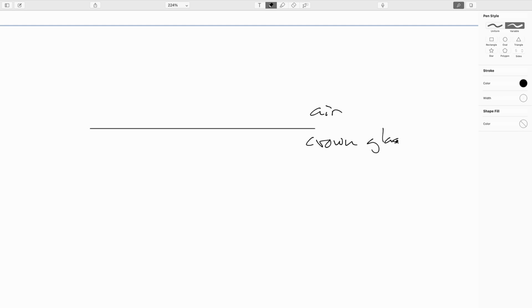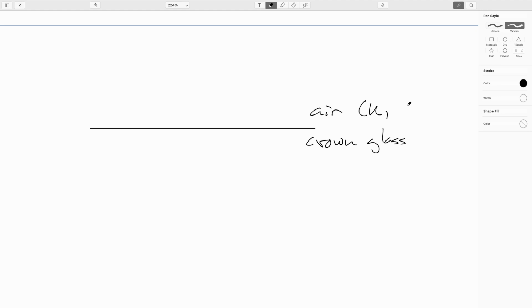Now, it turns out crown glass is one of two recipes of glass that are in wide use in optics. The other widely used recipe of glass is flint glass. Of course, there are many, many other recipes for specialty uses, but for, say, camera lens design and stuff like that, you're going to see these two recipes used a lot.